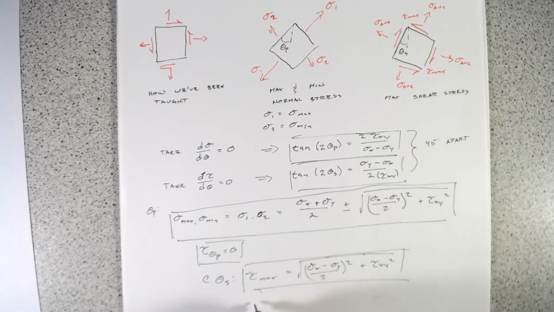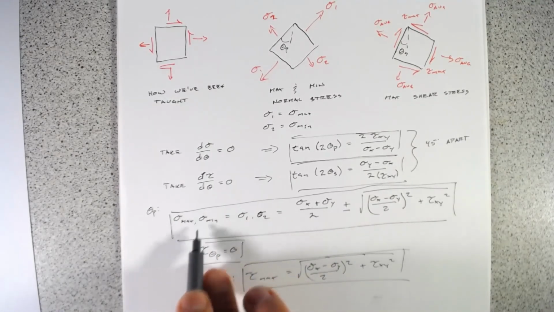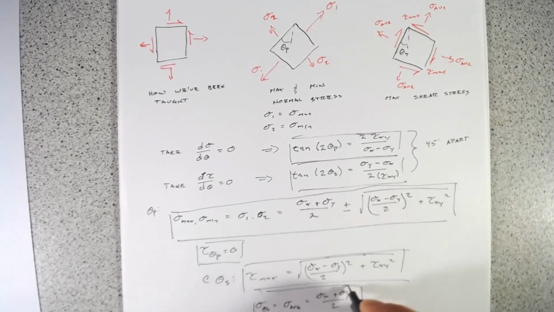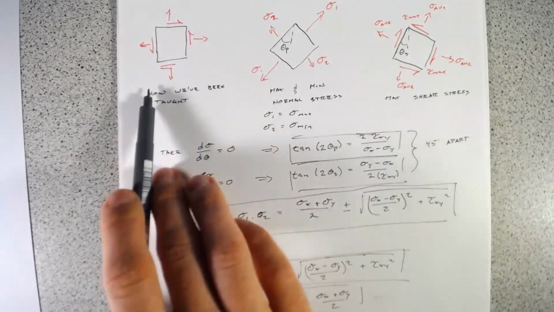Well, if you also work out what your normal stress is, sigma at theta s actually equals sigma average, sigma x plus sigma y divided by 2. It's just the average of these two.